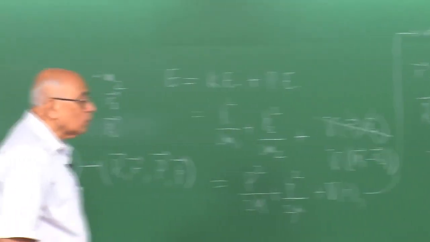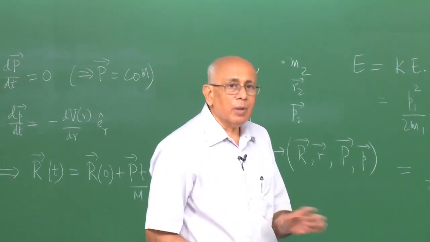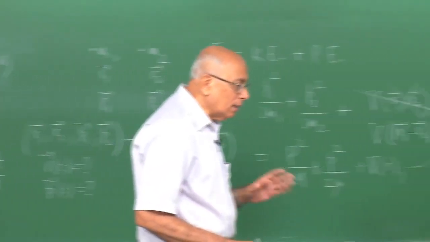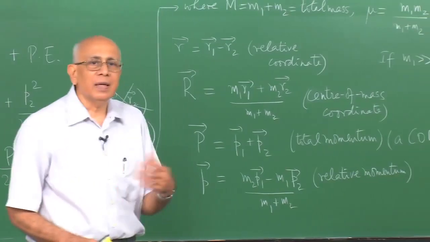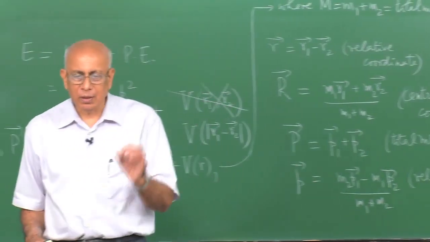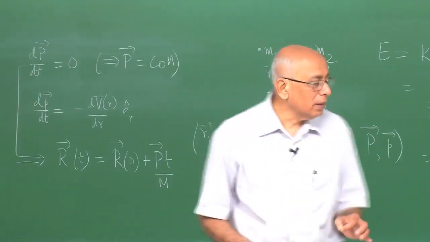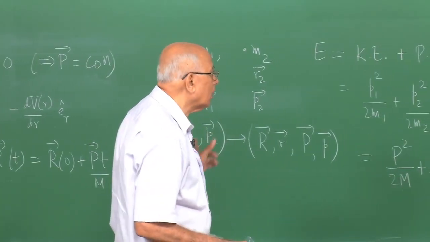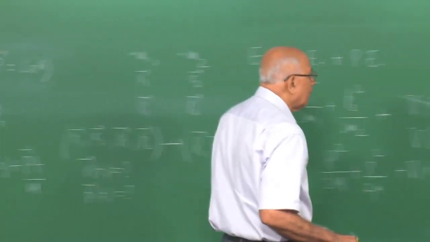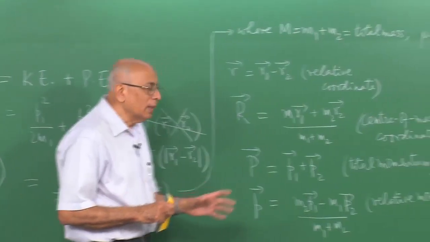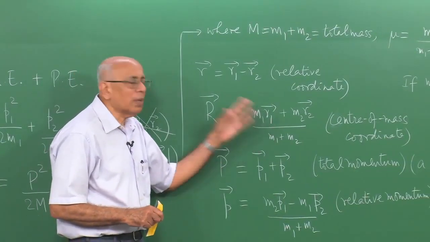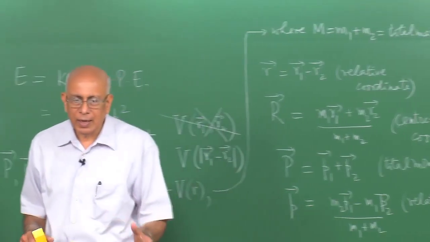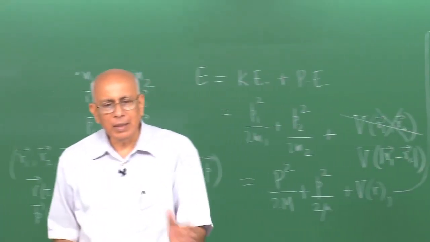So this is the reason why we can regard to a first approximation the sun as an infinitely massive object sitting at the center of coordinates, the center of attraction, and the planets moving around the sun in orbits like a one body problem, because the center of mass of the Earth Sun system is essentially the coordinate of the sun itself.